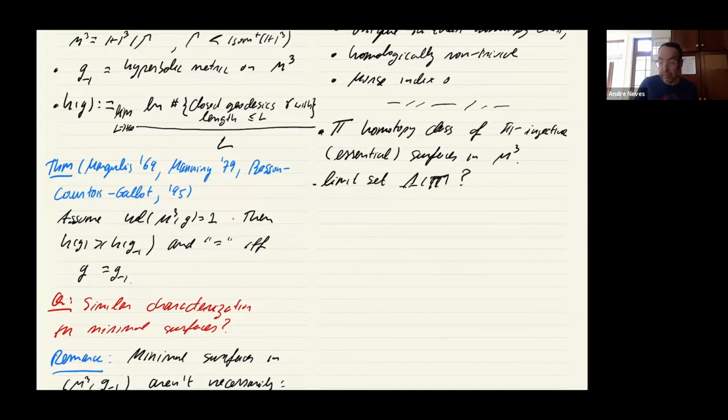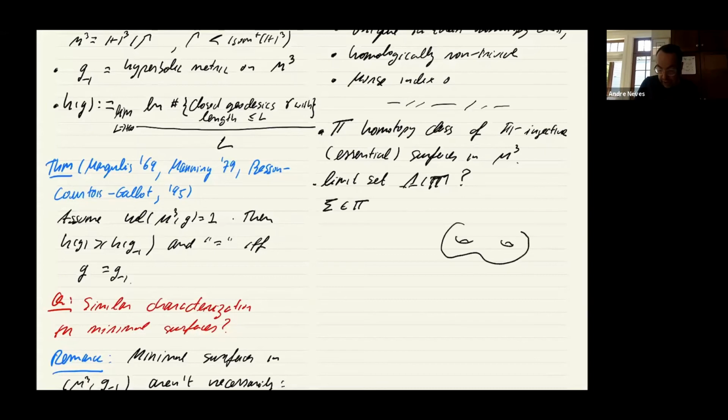Okay, so let me explain what this is. We take an element in the homotopy class. Let's do a picture. Here's the surface, here's the hyperbolic manifold M3, which is H3 mod Gamma. Now I take an element sigma which is non-trivial in homotopy. It's a surface whose fundamental group injects, and you cannot shrink it to a point.